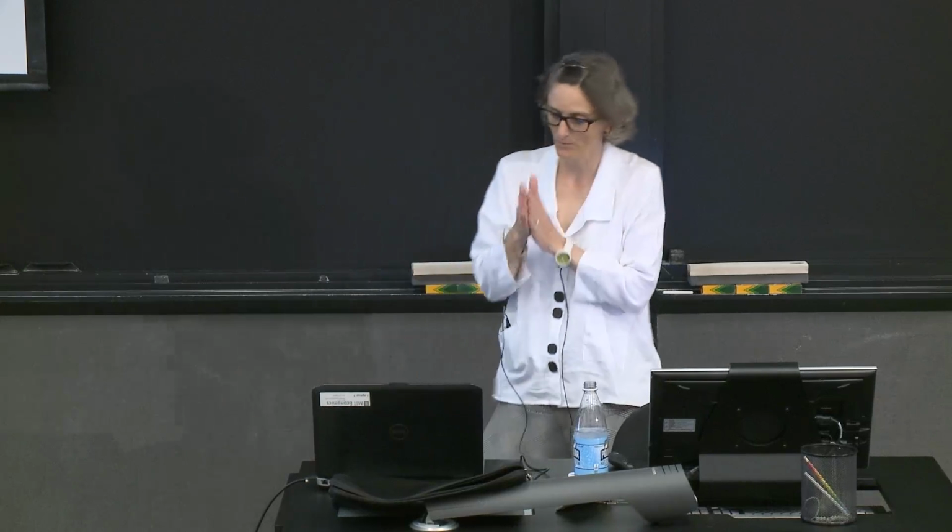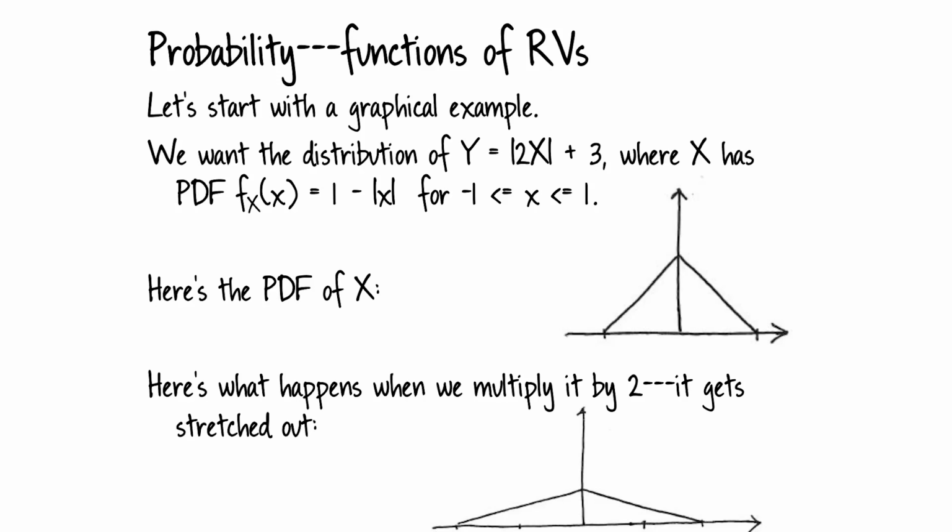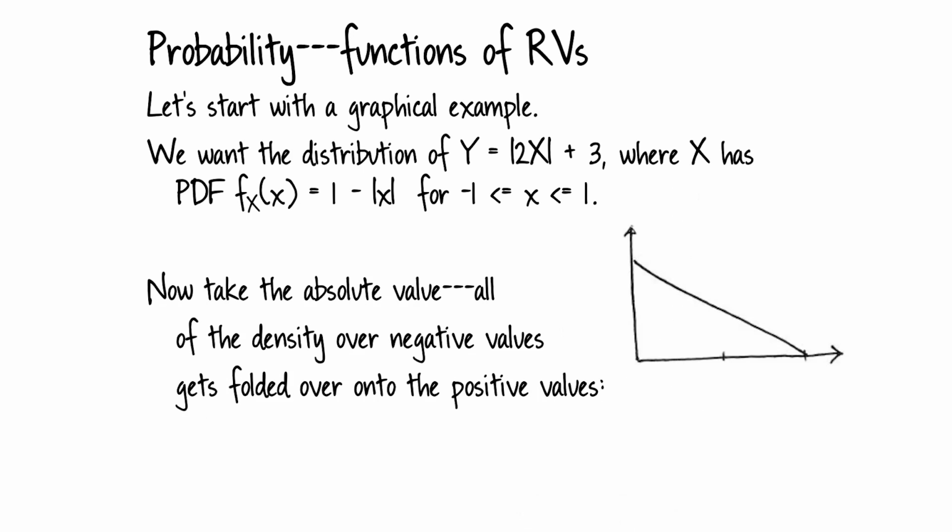Now let's take the absolute value of this random variable and see what happens to the PDF. Okay? All of the density over the negative values that we saw in the last slide, basically all of this density here, gets flipped into positive values when you take the absolute value. So then our PDF looks something like this.